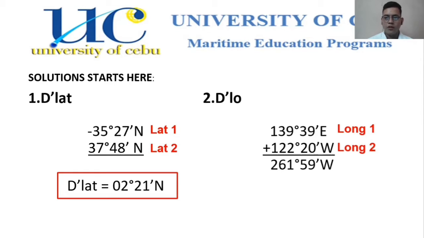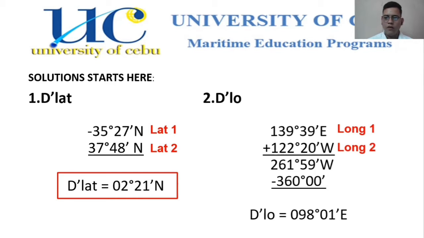The sum would be 291 degrees 59 minutes west, and we name it west because it is referred to longitude 2. In this case, if the sum is more than 180 degrees, subtract it from 360 degrees and name the result opposite from longitude 2, because it exceeds the limit of 180 degrees.